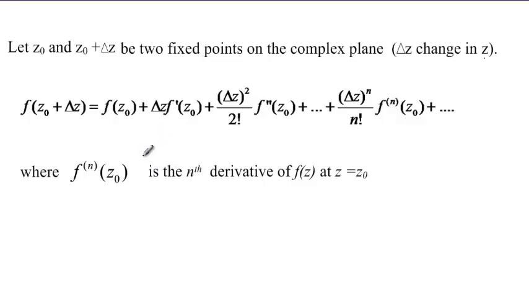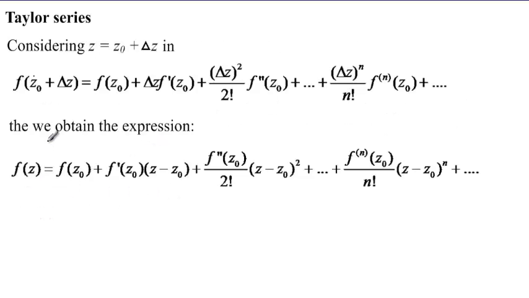Now, having this kind of expression, we can consider z to be z plus z0. Now, this expression will be transformed in this way. Now, we note here that if z is equal to z0 plus change in z, this is equivalent to saying change in z is equal to z minus z0.